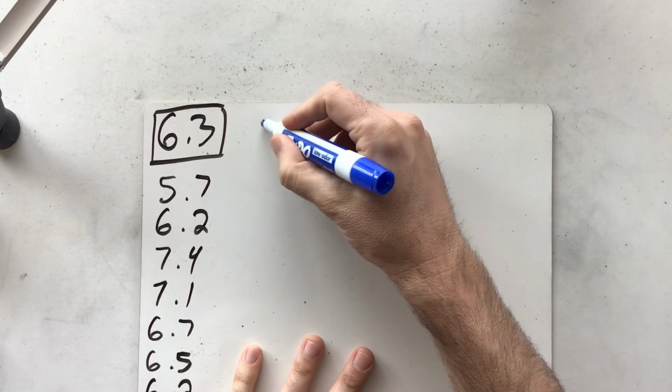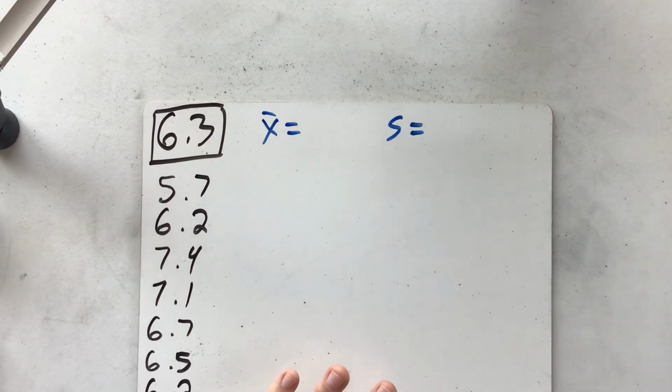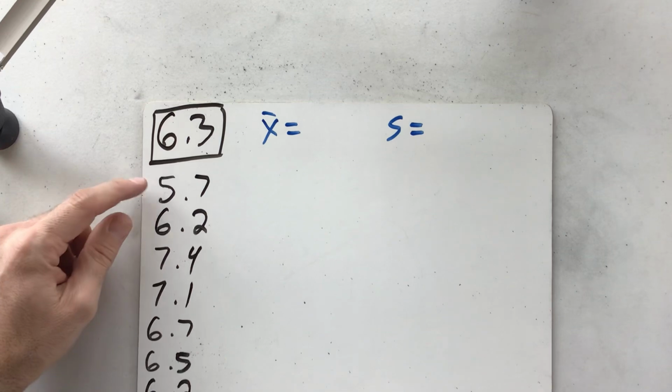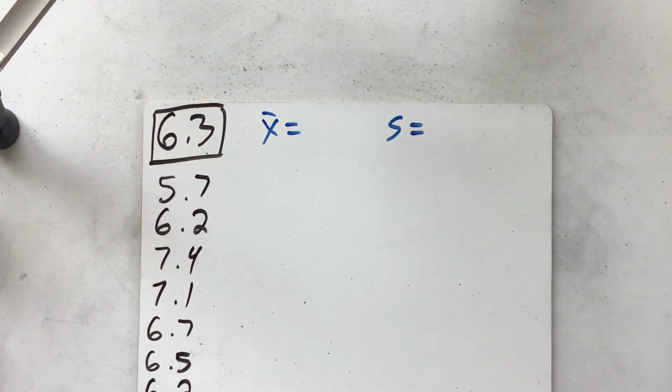So we need to know what is the average and what is S. If you don't remember how to do this, you can use your calculator or Excel. There are also apps online, but I haven't searched for them. So you use your calculator or Excel, list all these out, do the average button, and do the standard deviation button.